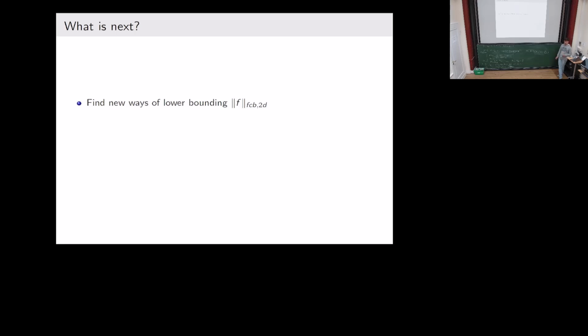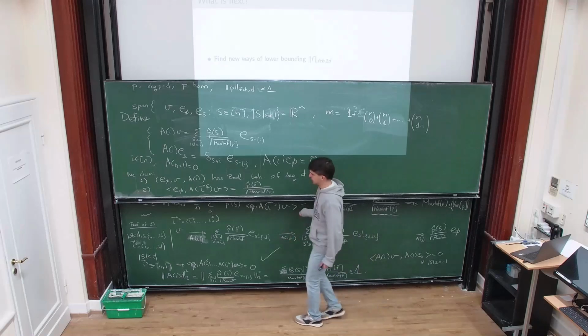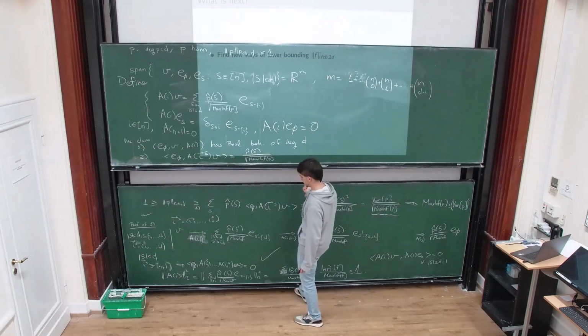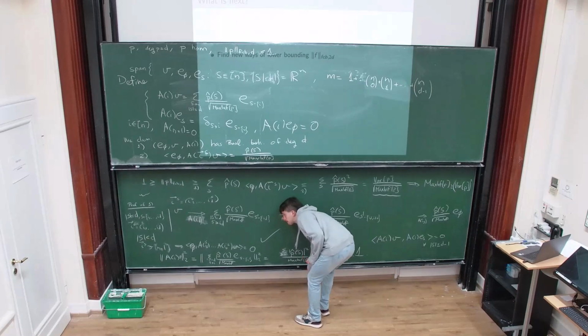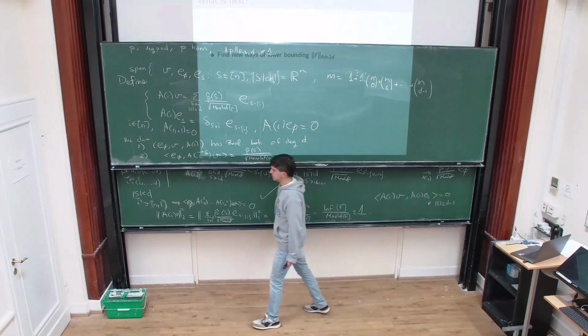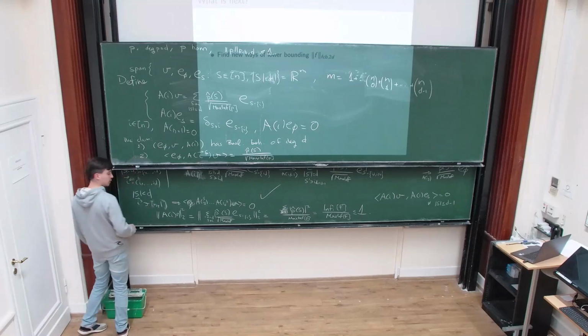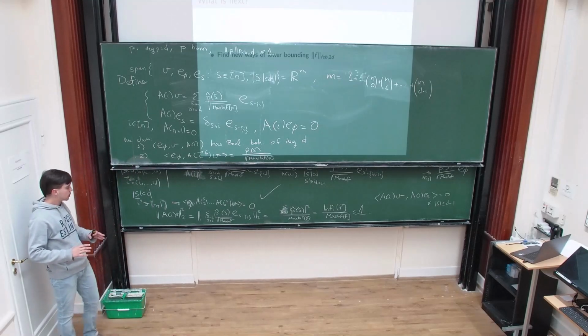I didn't understand where you used homogeneity. Yeah. What we have to be careful about is that with this definition, here, what happens if you take a set of size smaller than d, everything becomes zero.